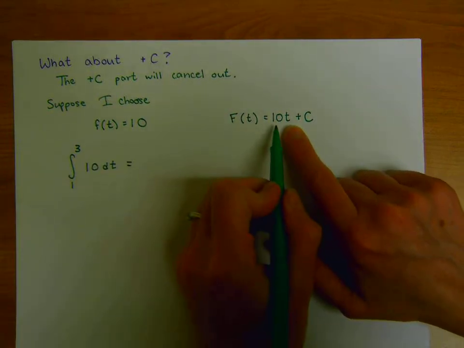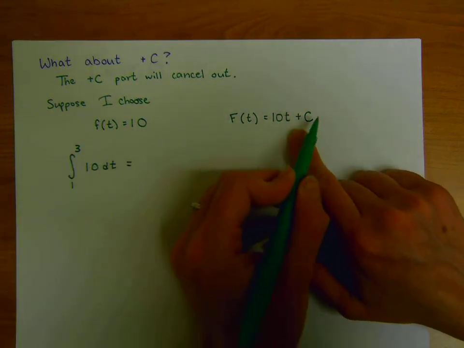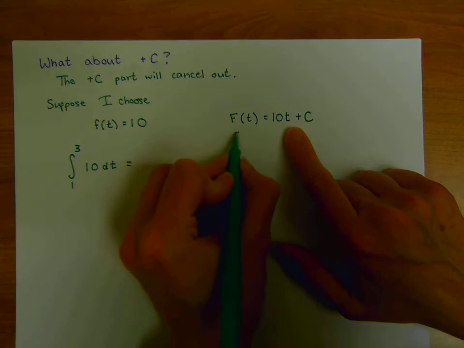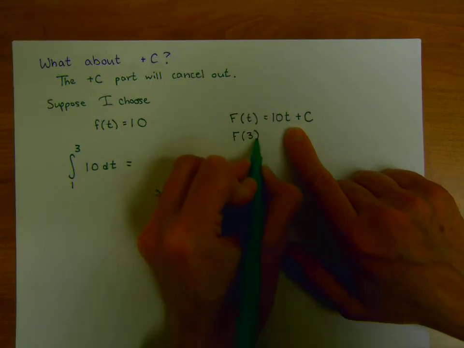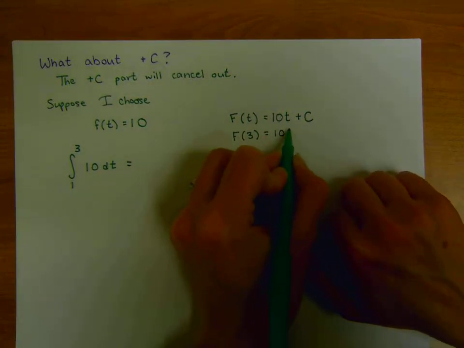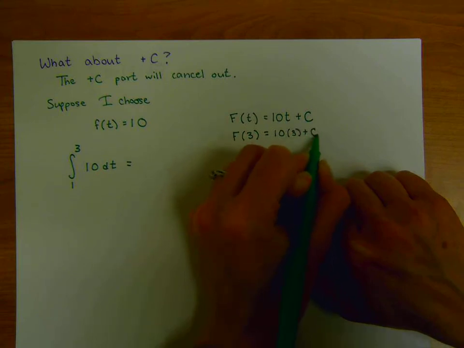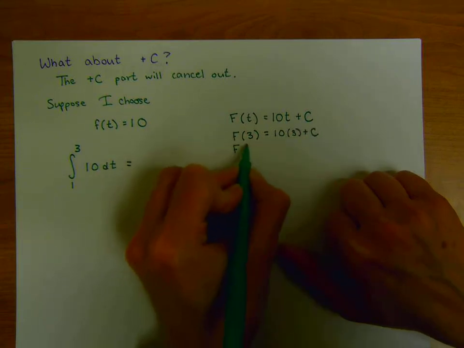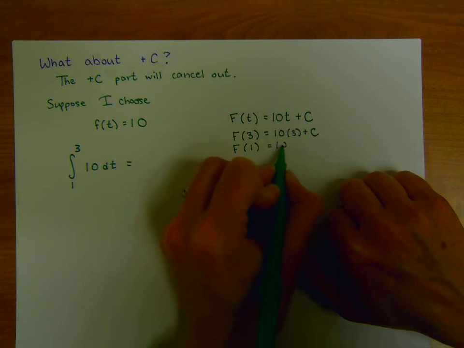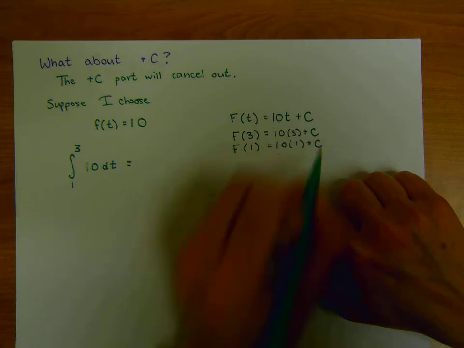If I plug in the upper bound into this function, I'll do a little scratch work. F of 3 in this case is going to be 10 times 3 plus c. And f of 1 is going to be 10 times 1 plus c.